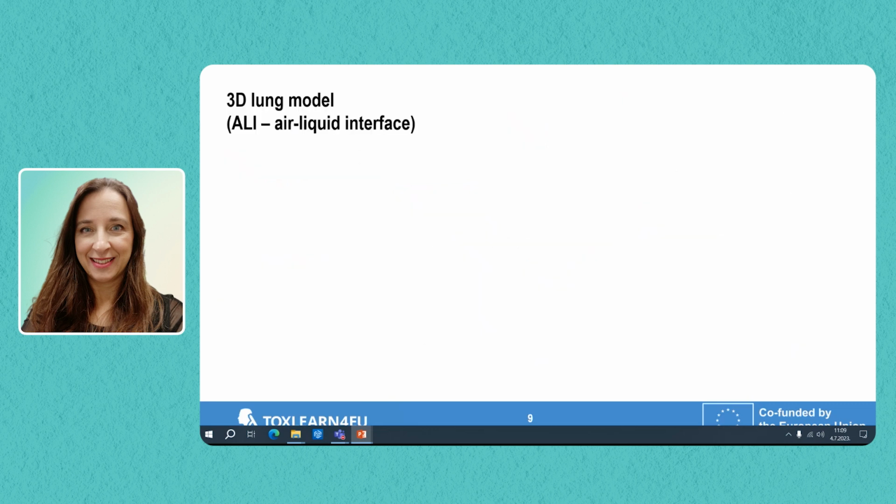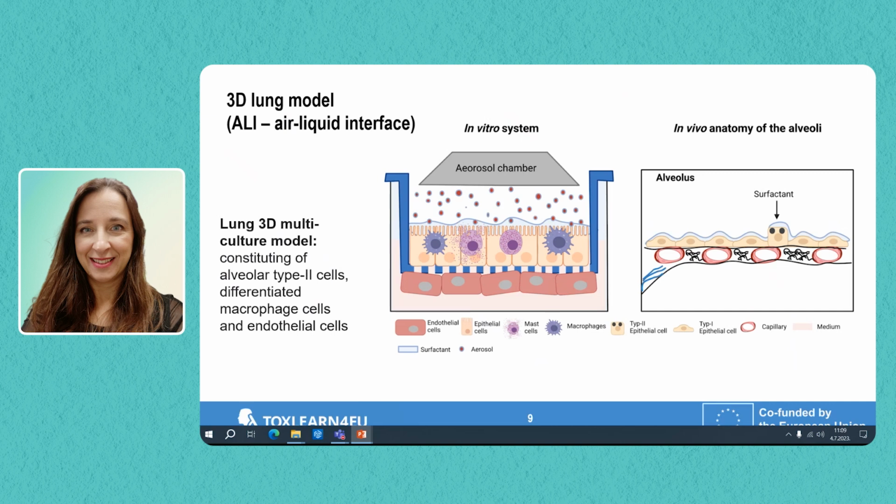Then the lung model, this one is a more simple model. You can also see here that we have co-culture of different types of cells. They are grown on the inside. This is the plastic surface. And on one side you have endothelial cells, then you have epithelial cells.